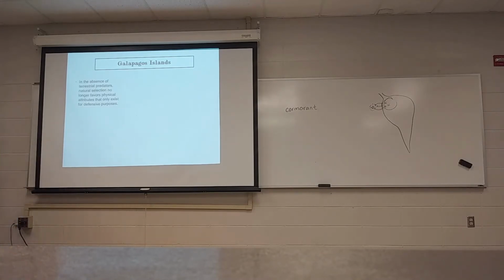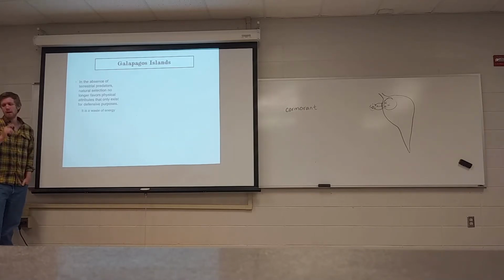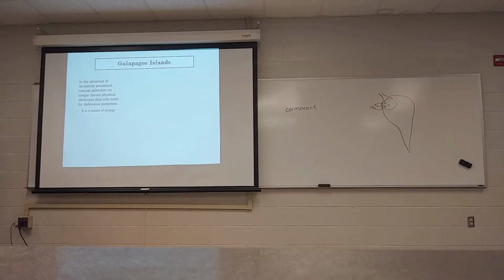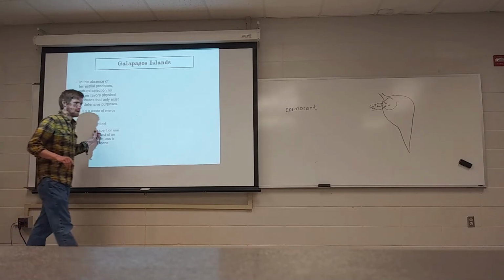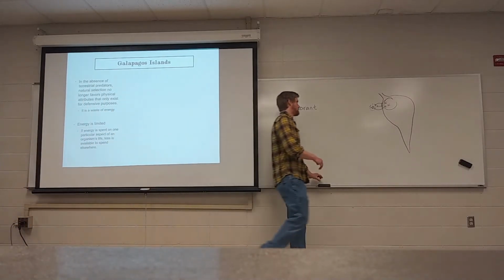So as we said, in the absence of land-based or terrestrial predators, natural selection no longer favors physical attributes that exist only for defensive purposes. And the key here is that it is a waste of energy. And I want you to read this last part very closely.